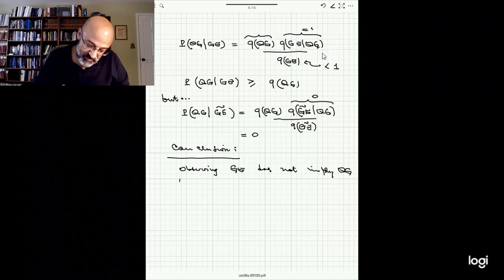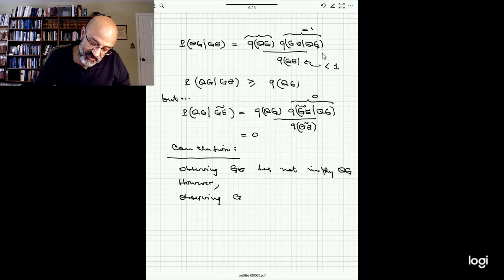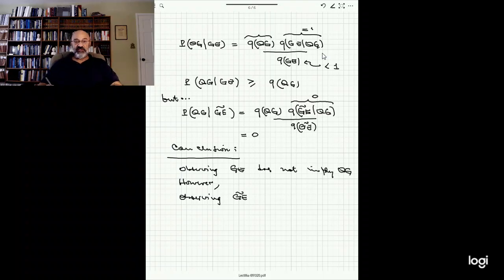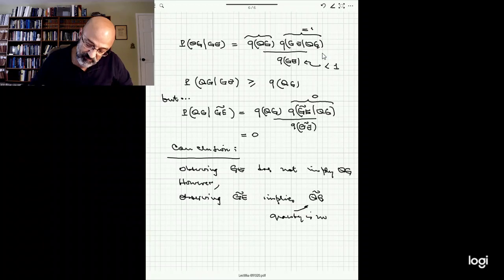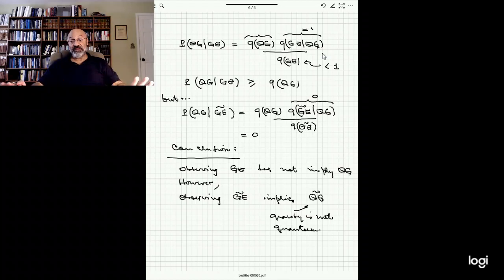However, observing that there is no gravitational entanglement implies that gravity is not quantum. That implies that quantizing gravity is just a bad idea.